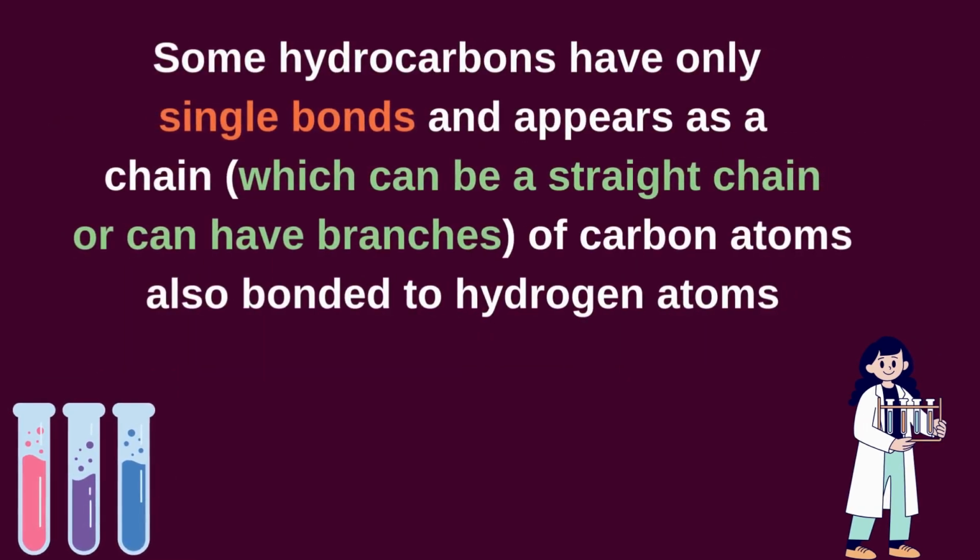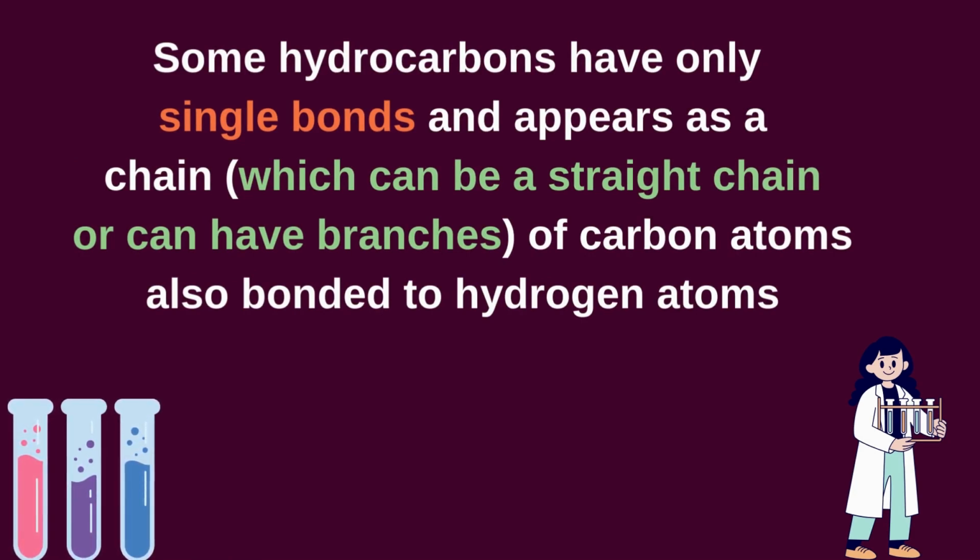Then some hydrocarbons have only single bonds and appear as a chain, which may be a straight chain or a branched chain of carbon atoms also bonded to hydrogen atoms. Hydrocarbons are basically divided into many classes. It may be a straight chain, in which a straight chain of carbon is present and hydrogen atoms are attached to it to maintain the valency of the carbon atom.